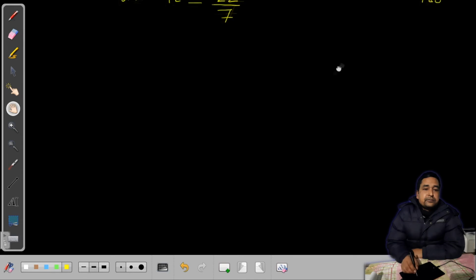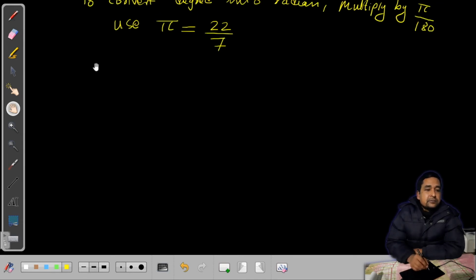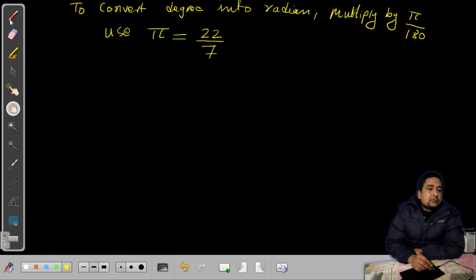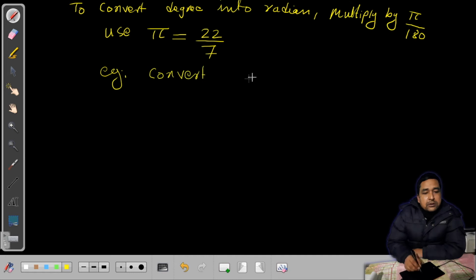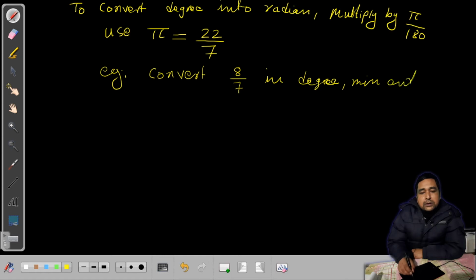Example: convert 8 upon 7 radian in degree, minute and second.